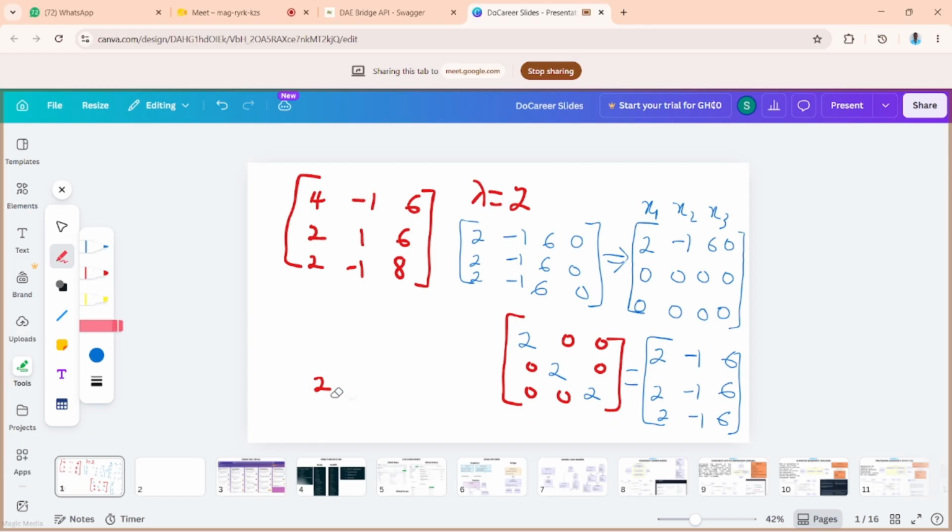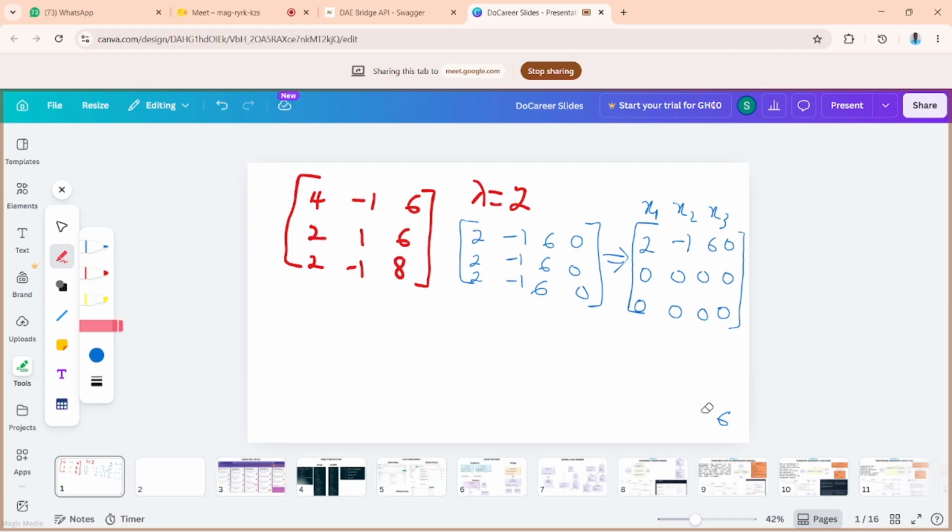Right, this is the procedure. If we are to solve for this, we look from the bottom. So it would be 0 S3 equals 0, from the bottom.